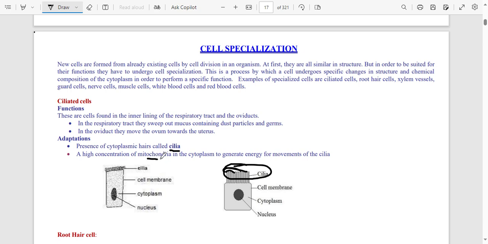So these ciliated cells have got a lot of mitochondria, a high presence of mitochondria, so that the cell can have energy to power the cilia to push the mucus or to push the egg.